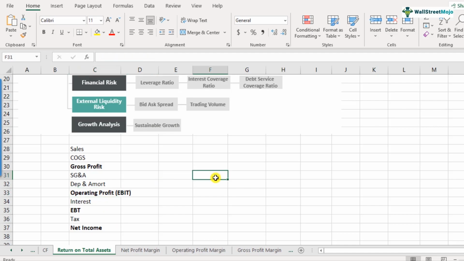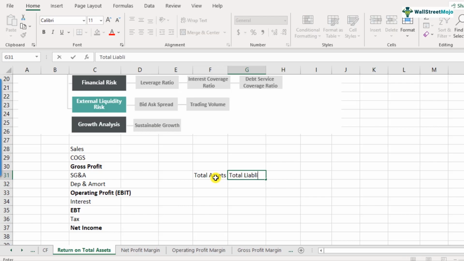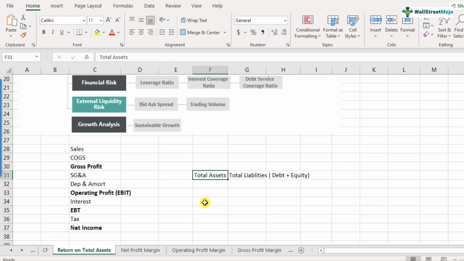So if you look at the total assets on one side, total assets is equal to total liabilities, right? And what does the total liability signify? It's basically debt plus equity, right? So if the denominator is total assets, which is equal to total liabilities, and it is basically a measure of funds invested from debt and equity point of view, the denominator is like that.